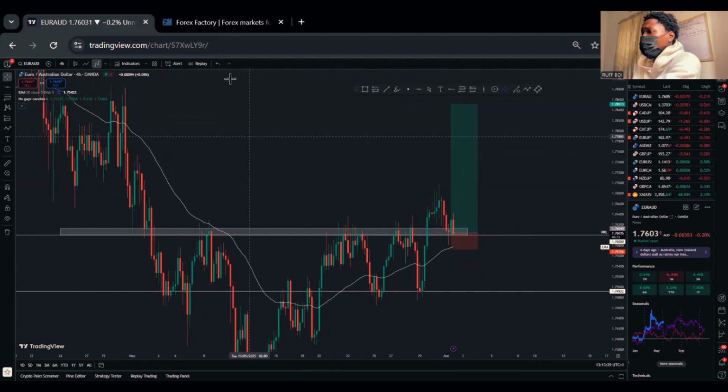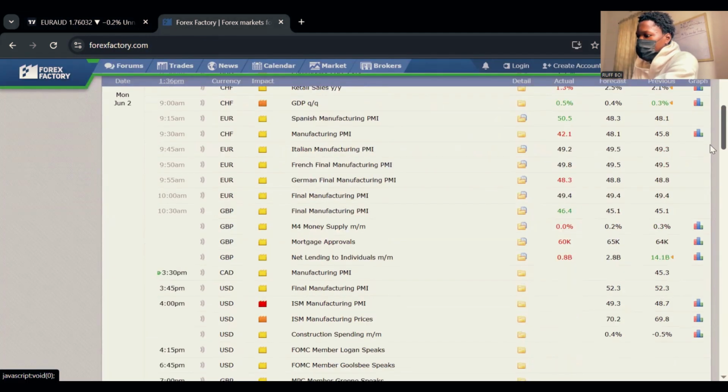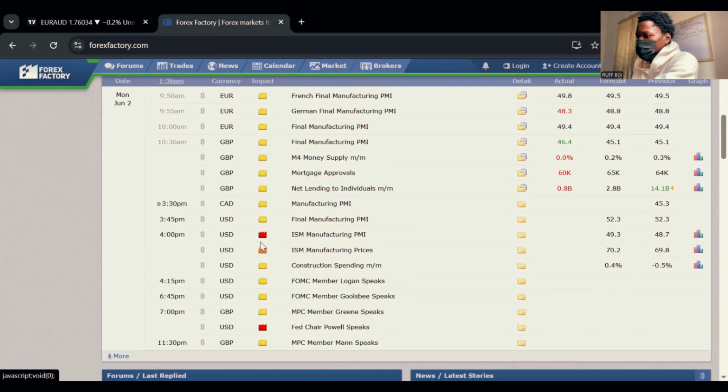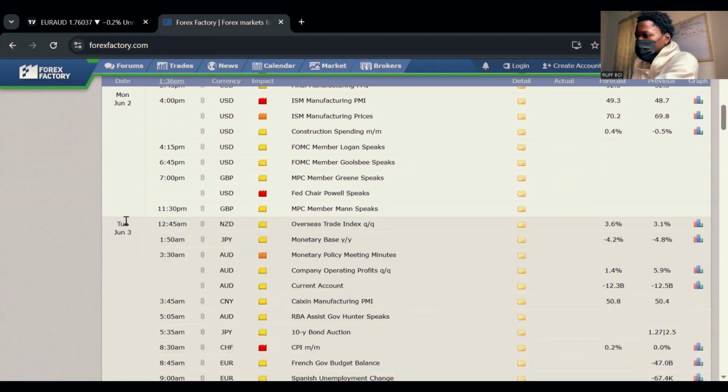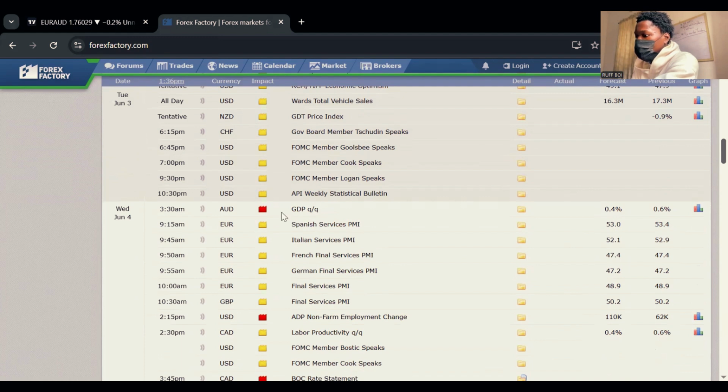So let's go to our Forex Factory to check if we have any news coming up on this. Okay, today is Monday. We don't really have any strong news on USD. So let's see what's happening the other days of the week. Okay, we have news on AUD on Wednesday.